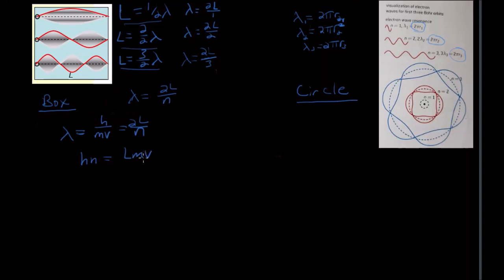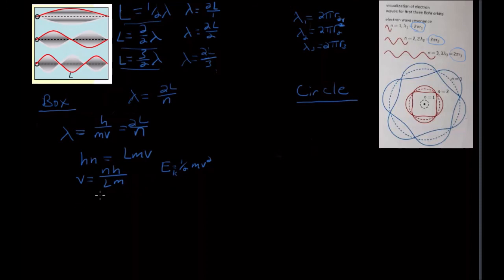Now if I want to know what the velocity of that wave is, I can just write it here, v equals nh over 2Lm. All right, so this is cool. I've got a velocity, so what does that mean I can do? E equals 1/2 mv squared. The kinetic energy is 1/2 mv squared. So I can find out what the kinetic energy of this wave is. This wave will definitely have a kinetic energy.